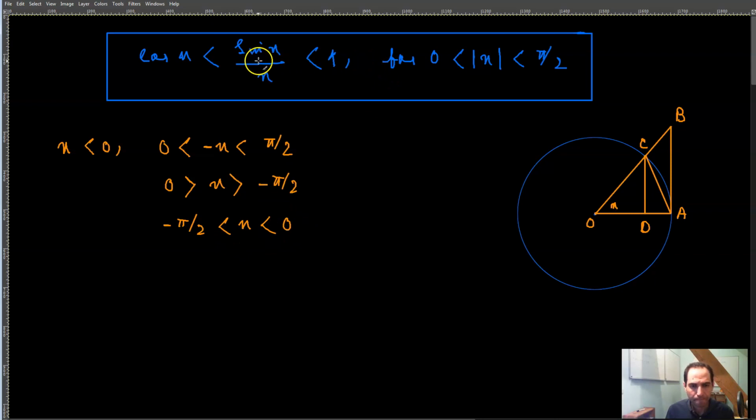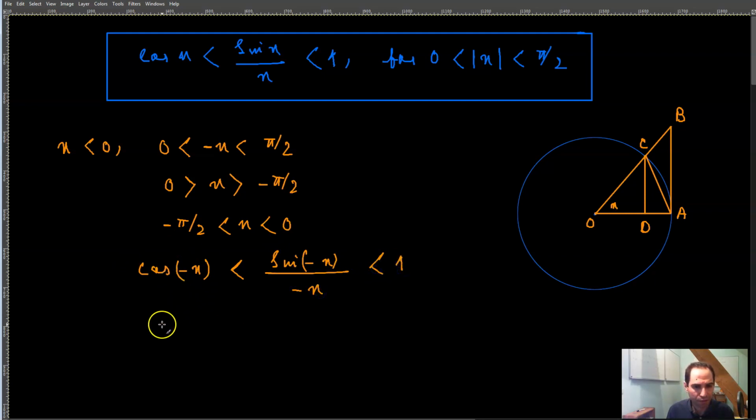And now, since x is negative, instead of x, if I write negative x, then over here I have cos of negative x is less than sin of negative x over negative x, less than 1.